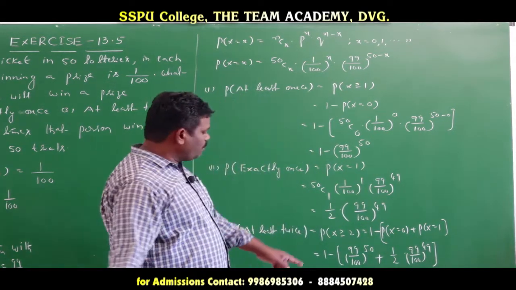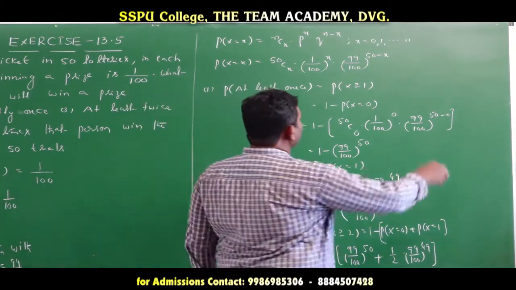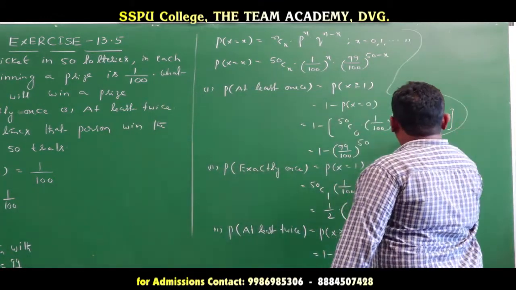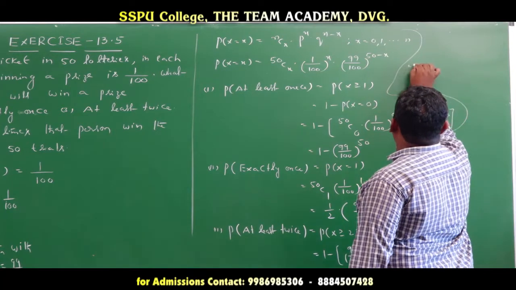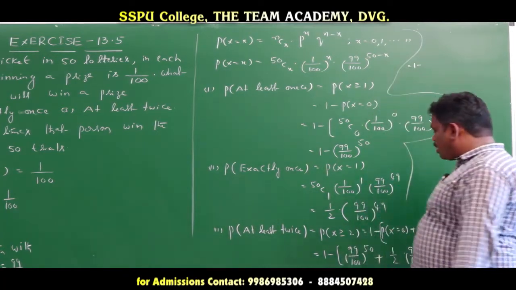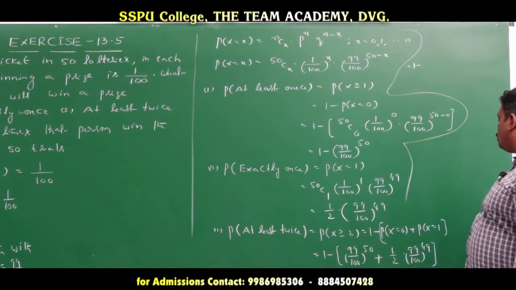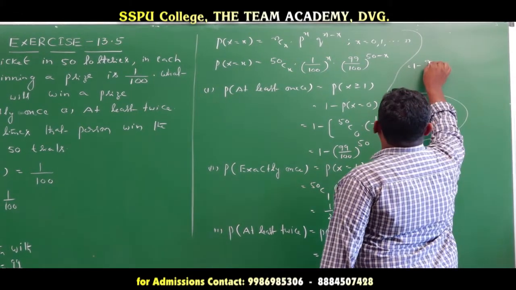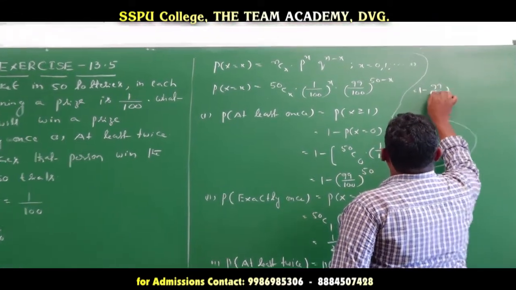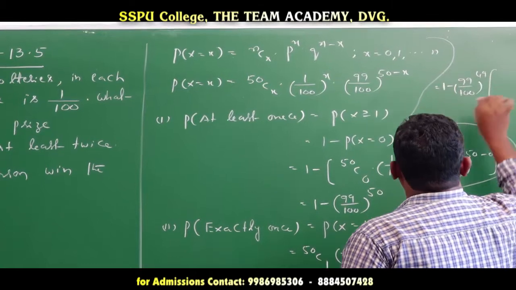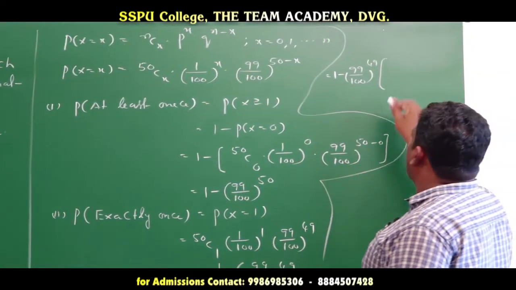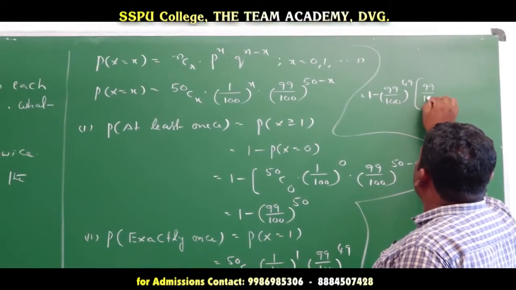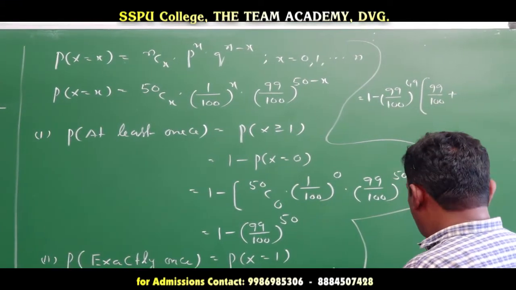Okay? Now if you take 99 by 100 whole power 49 as common, we get 1 minus 99 by 100 whole power 49 into 99 by 100 plus 1 by 2.